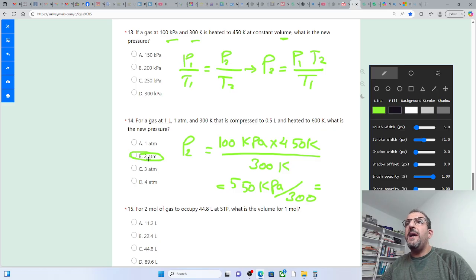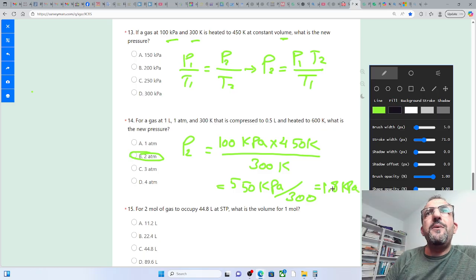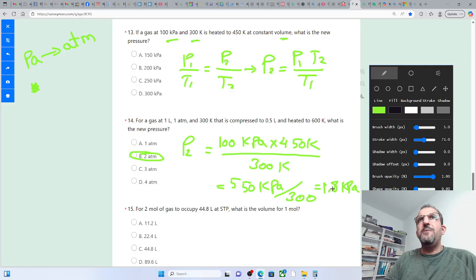oh, this is in atmosphere. So once we get the answer in kilopascal, we need to convert it to atmosphere. So now we need to convert from Pascal to atmosphere.